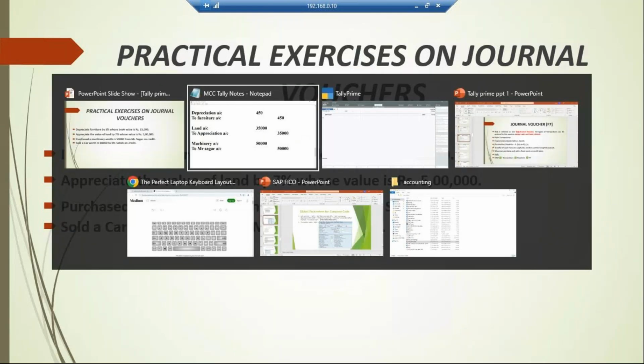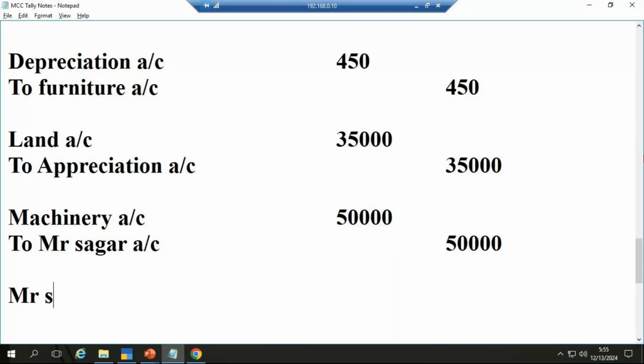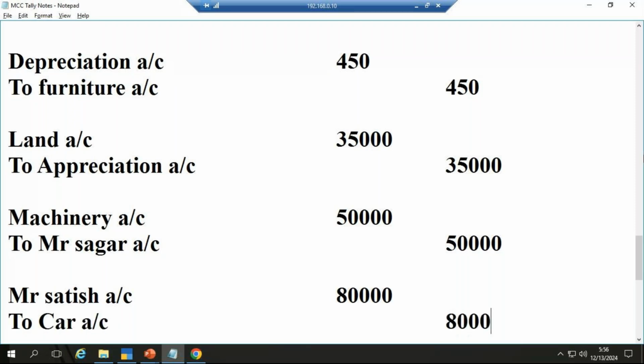The car is going out of the business and Mr. Satish is a receiver. So Mr. Satish account debit 80,000 to car account 80,000. Any doubt regarding any of the transactions?